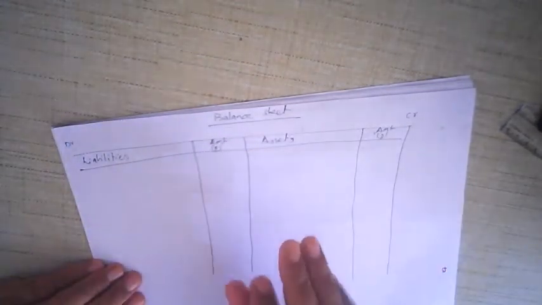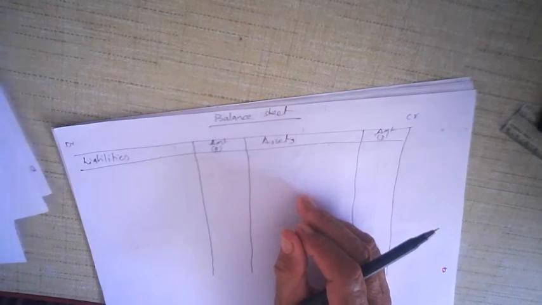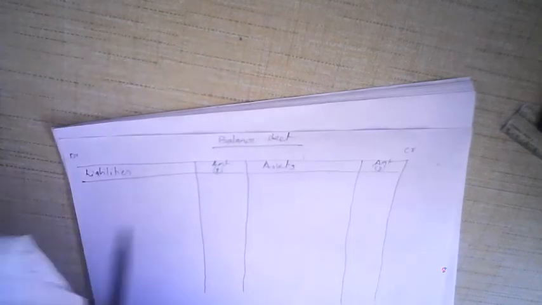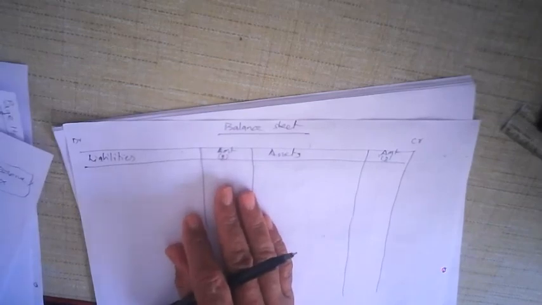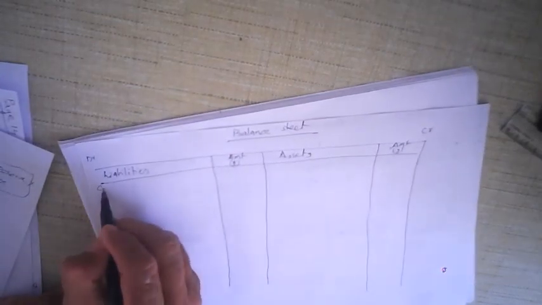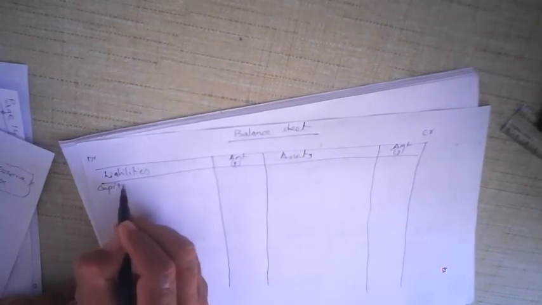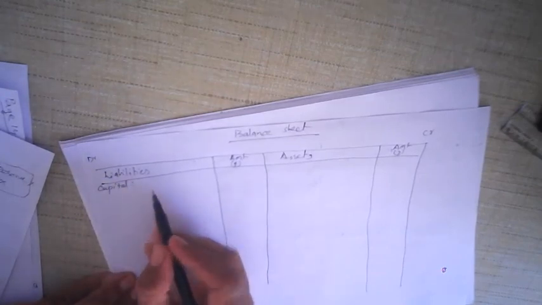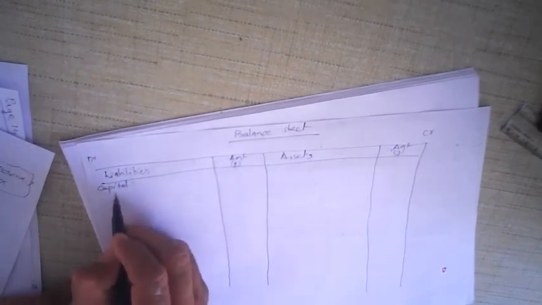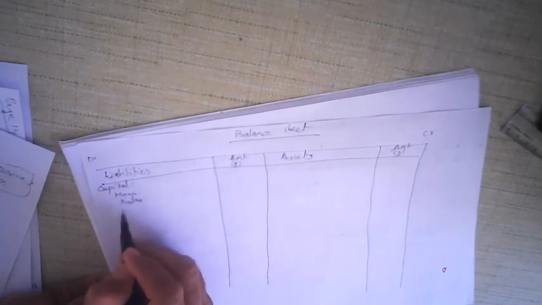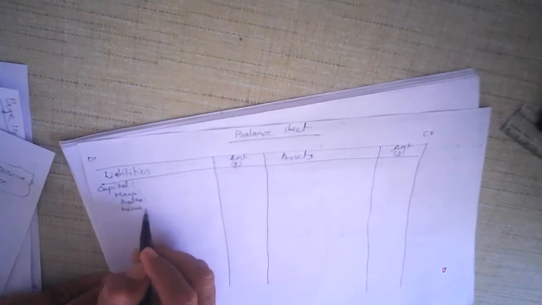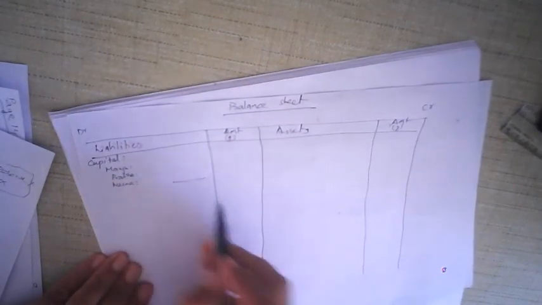Now when we write this new balance sheet, make sure that we first write as it is given. Capital as it is given: Manju, Prabha and Meena. Okay, and then the total and the amount.